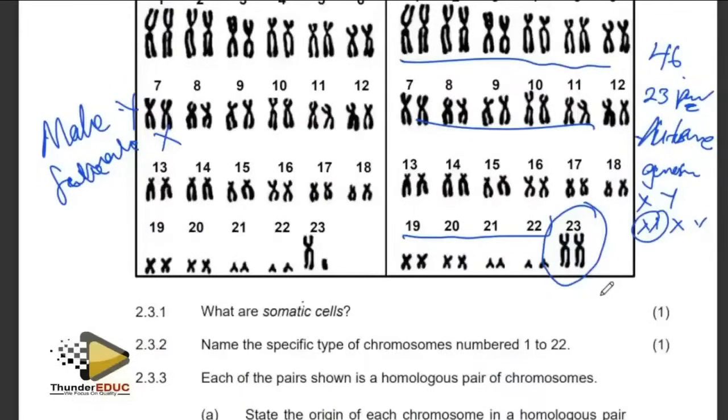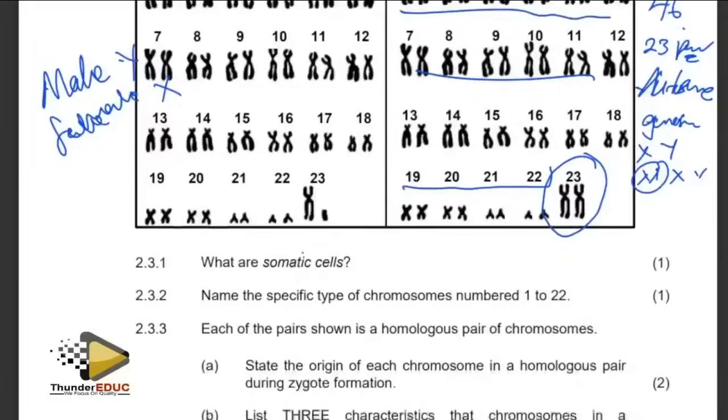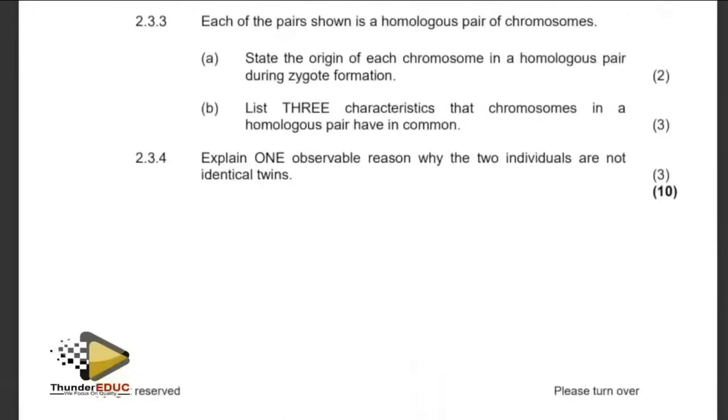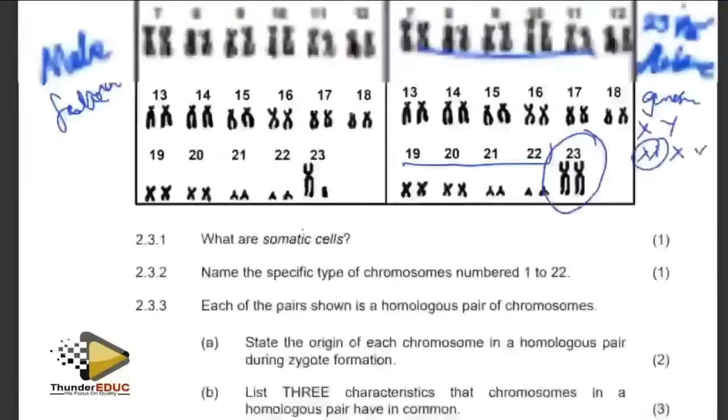If one sperm of X fuses with the ovum, it's going to be identical twin girls. If one sperm of Y fuses, it's going to be identical twin boys. Yes, I think I'm done with the karyotype.